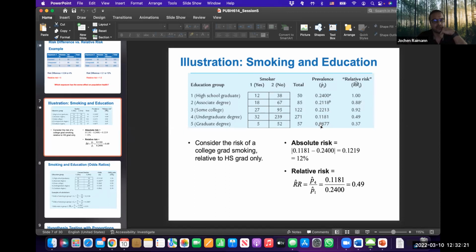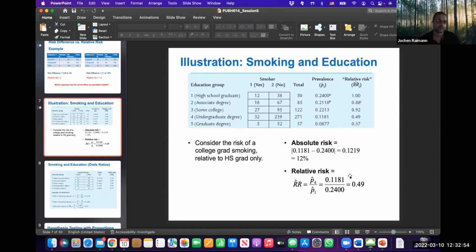Again, you get a very protective effect because the risk in the graduate degree group is very small compared to the associate degree group, where a fifth of the members are smoking. So it will again be a value smaller than 1, and thereby you have a protective effect of education. That's the interpretation of it.